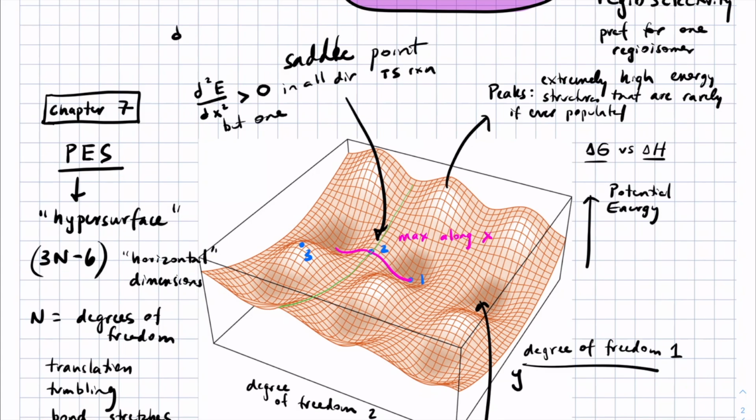Or you will have second derivative less than 0 for 1 and only 1 degree of freedom or distance coordinate. Okay?